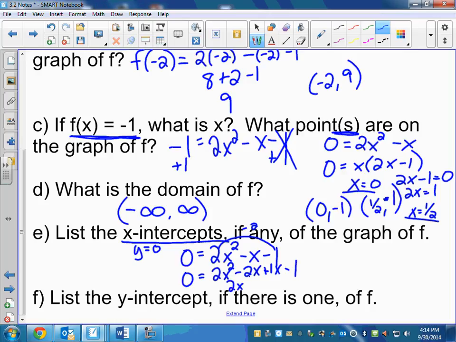I could pull a 2x out and get x minus 1. Over here, I can take a 1 out and get x minus 1. So that factors into (x minus 1)(2x plus 1). So I get x equals 1 and x equals -1/2.